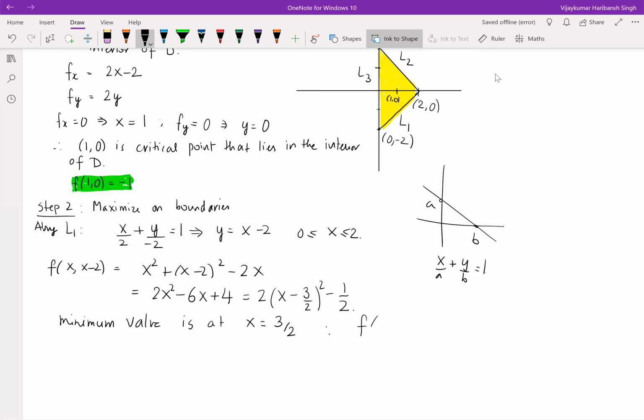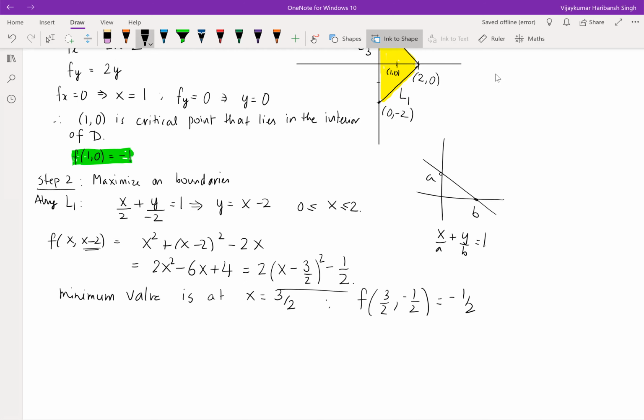We have f of 3 by 2, 3 by 2 minus 2, which is minus 1 by 2, which is going to be minus half, which comes from here. I'm not doing this computation separately.